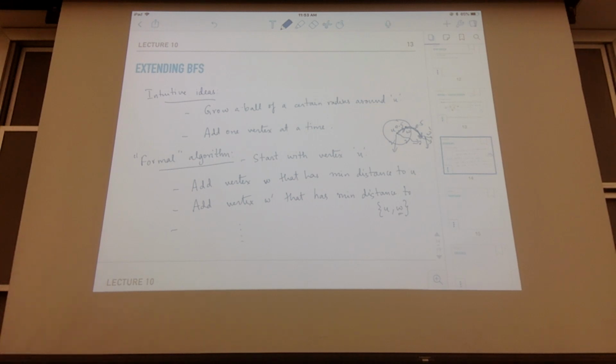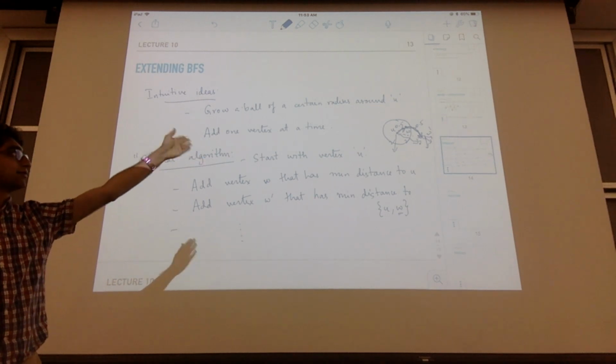The W prime? Wait, say that again. Sorry, I missed your question. For the second iteration, we add W prime that has the min distance to the set U, comma W. So W prime could have had an edge to u directly, which will give you some length, and it could have an edge to W, which in this case has a length of 0.5.